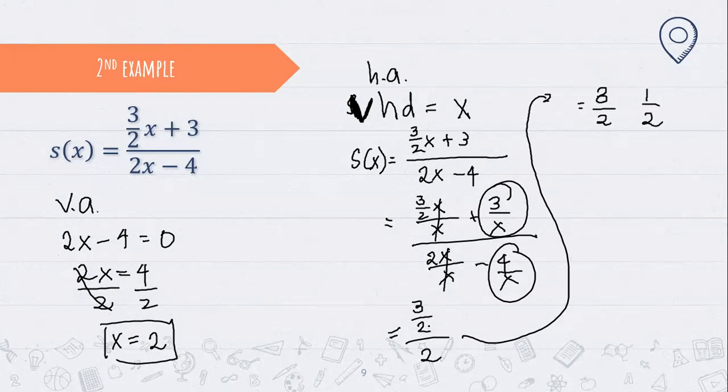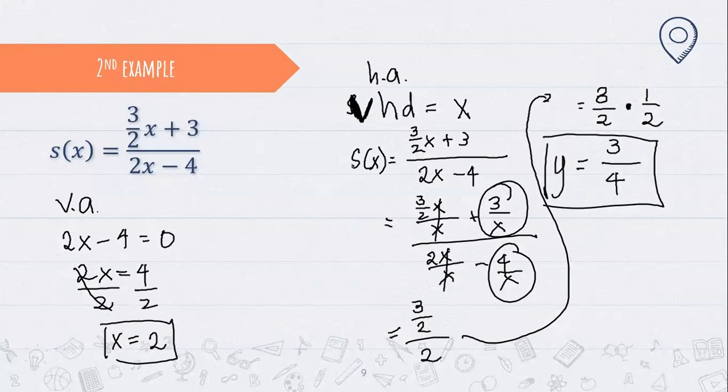Si 3 over 2, yung taas muna, and then reciprocate si 2, and then the operation will become multiplication. Okay, so 3 times 1, 3; 2 times 2, 4. So that would be our y. Y, class, kasi s of x na siya. So our horizontal asymptote is at y equals 3 over 4, or 3/4.